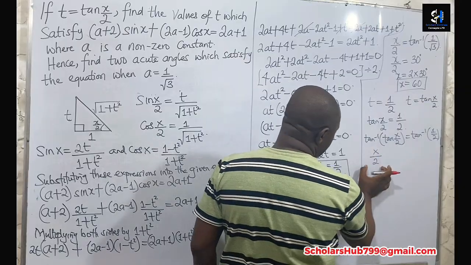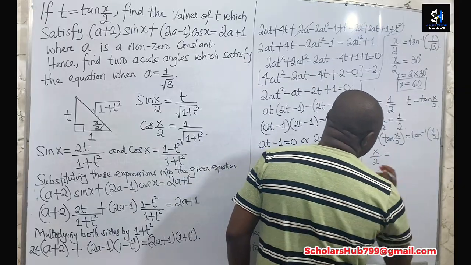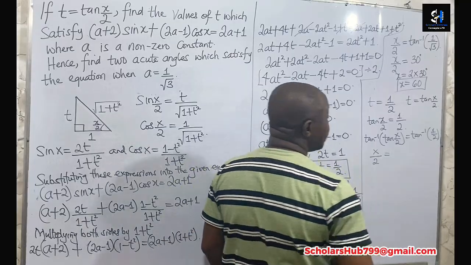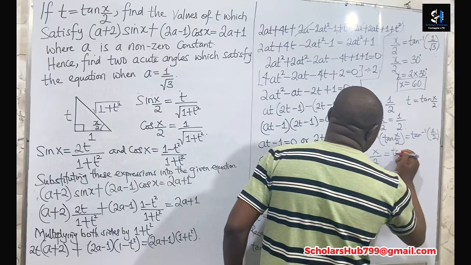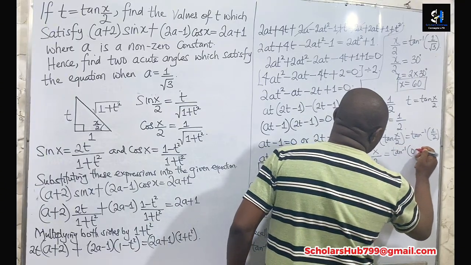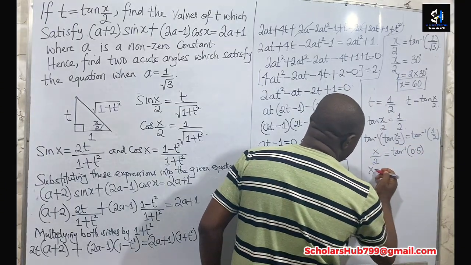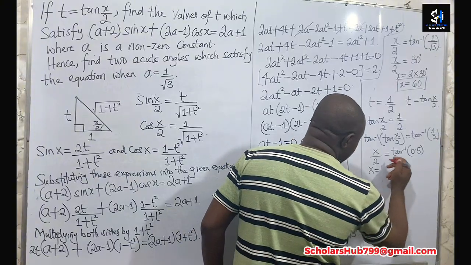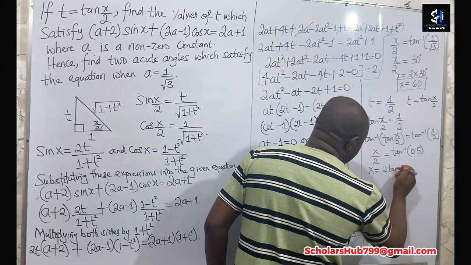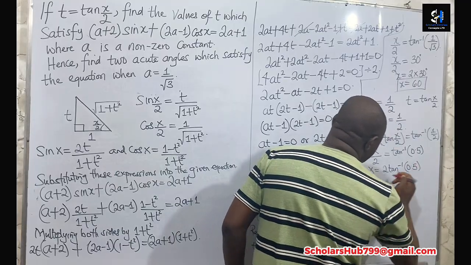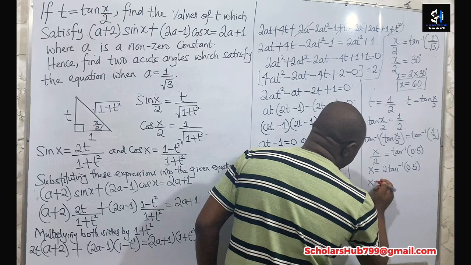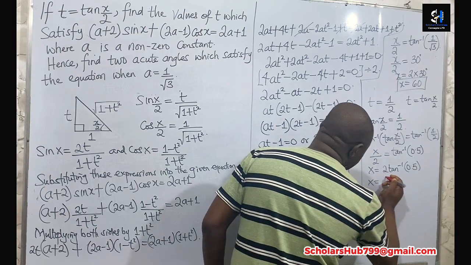So this reduces to x over 2 equals inverse tan of 0.5. So x will be 2 times inverse tan of 0.5.